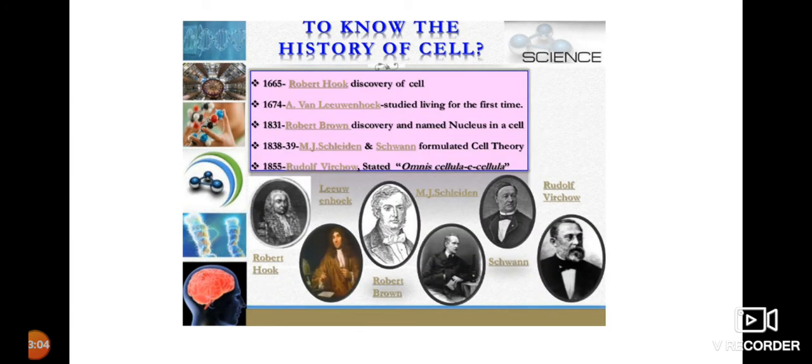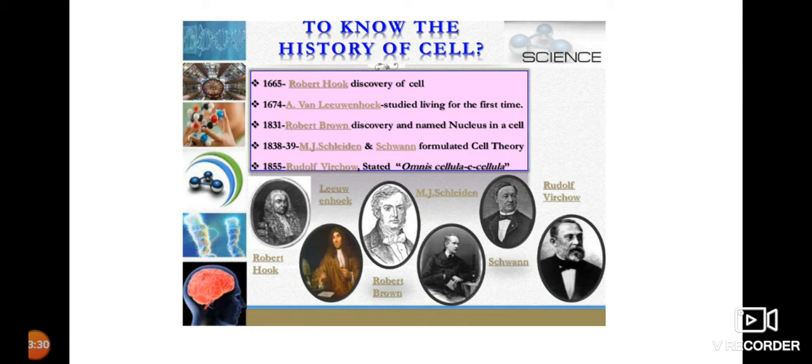Now, to know about the history of the cell, you need to remember the year, name of the scientist, and about his discovery. As we start with this part, first it's given about Robert Hooke, year 1665, as he discovered the cell.